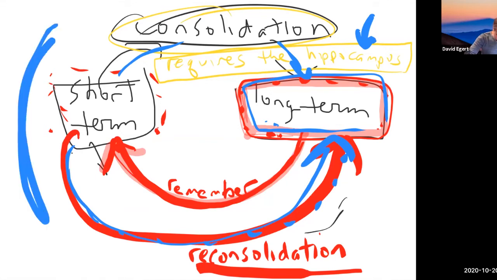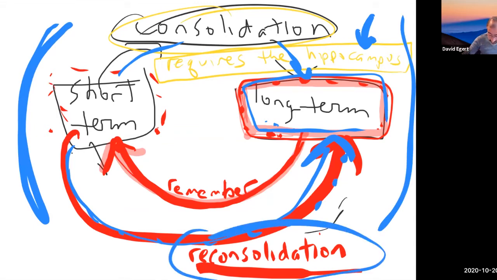One of the fascinating things that comes out of this idea of reconsolidation, as well as the idea I mentioned that consolidation can be blocked by drugs that inhibit protein synthesis, is that, at least in test animals, they have demonstrated that you can erase memories in a mammal at least.